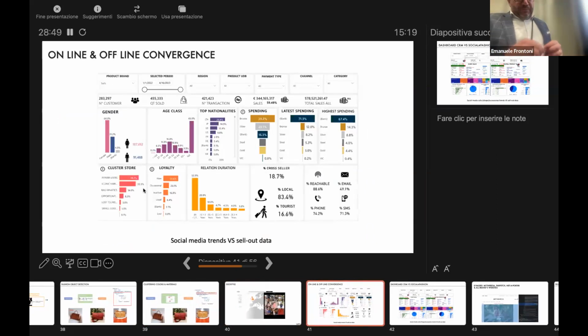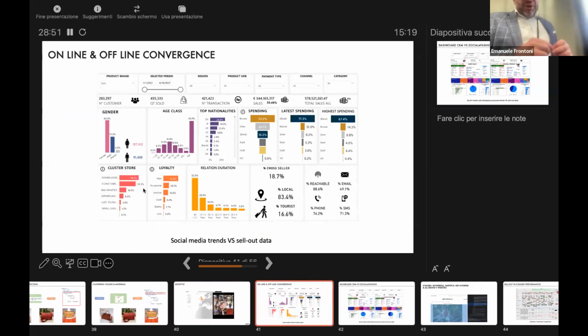And then we started to push this test with some of the world fashion brands that you saw in my slide in the beginning, to try to understand if the trends that we are gathering from the social media are in line with your sellout data.